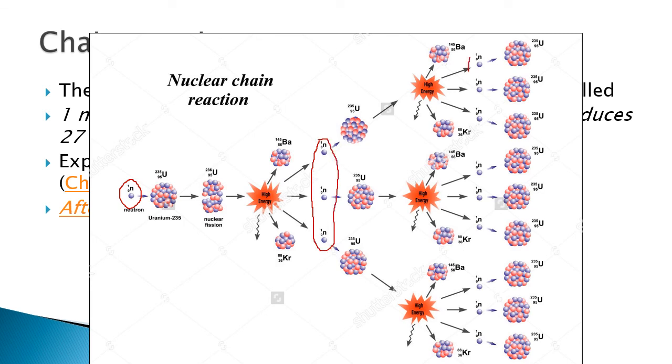And then from those 3, we get another 3 breaking off to get our 9. And it's not always the case. This is just one example. Sometimes it's 2, but in this case, we're seeing 3 splitting to 9 and then into 27 and so on. So this is why it's very important to have this heavy water to help control how these extra neutrons are coming out.